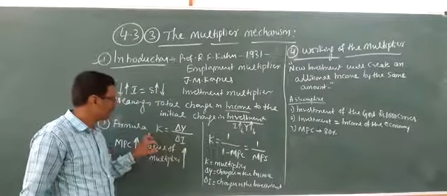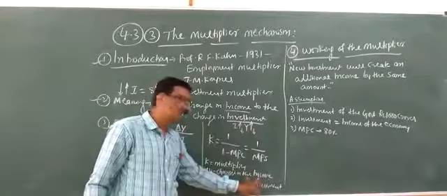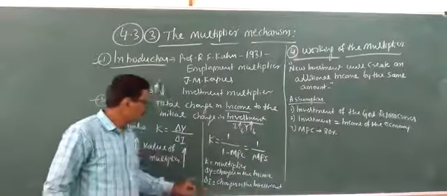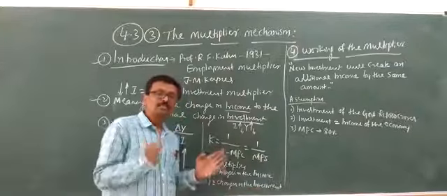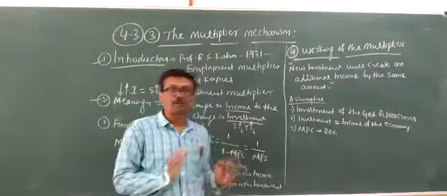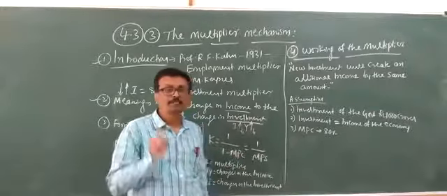Delta Y indicates changes in income: how much income changes in the real society. Delta I indicates changes in investment. For example, if investment increases from 100 crores to 150 crores, the change is 50 crores.